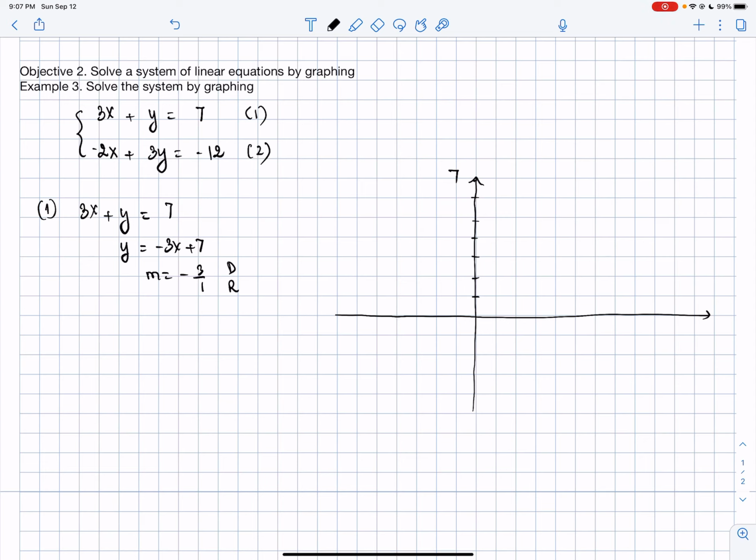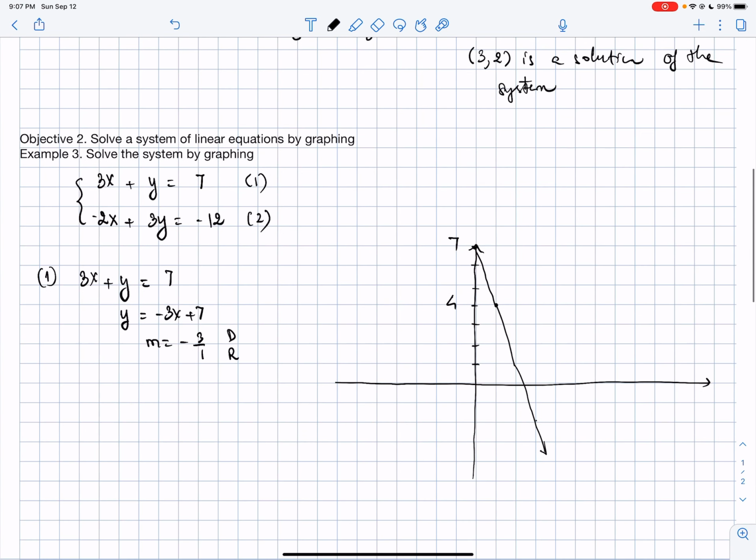So we go 7, so 1, 2, 3, 4. So it will be hit 4, and it's turn right 1. So that is our first line. So this is our first line, right?